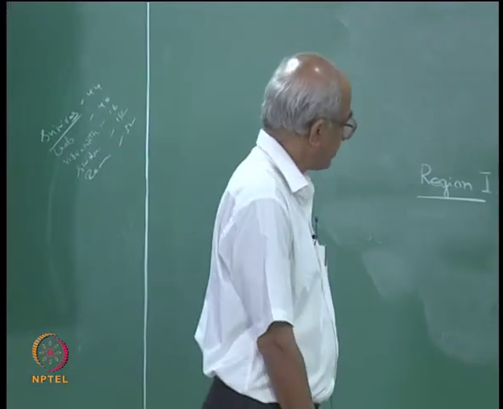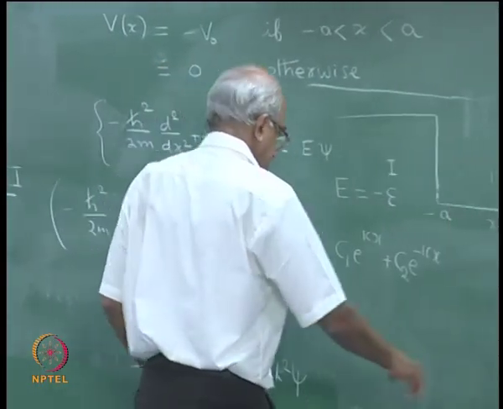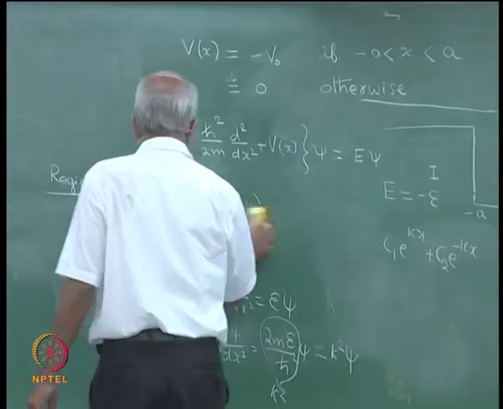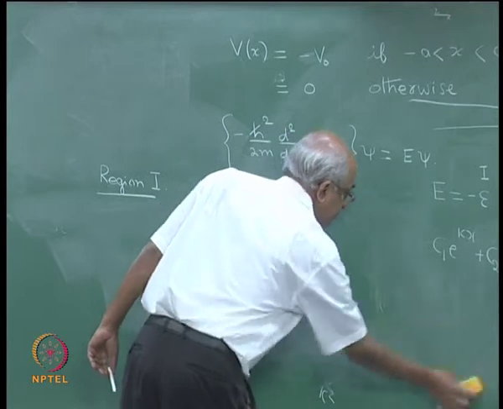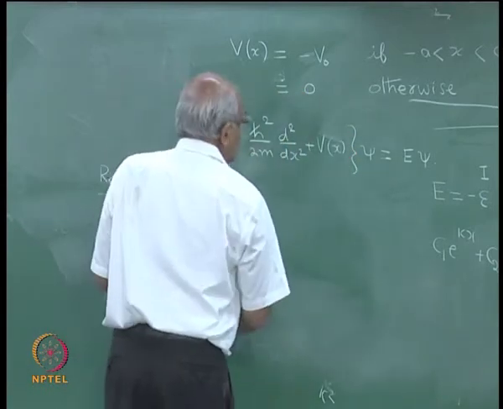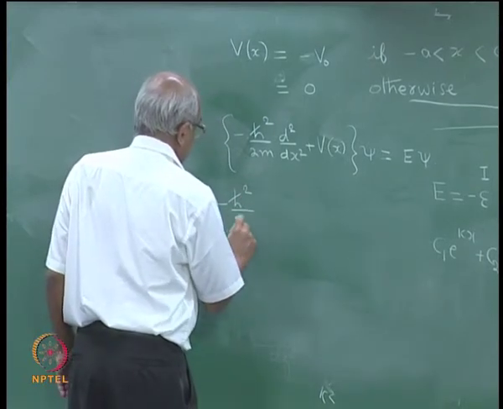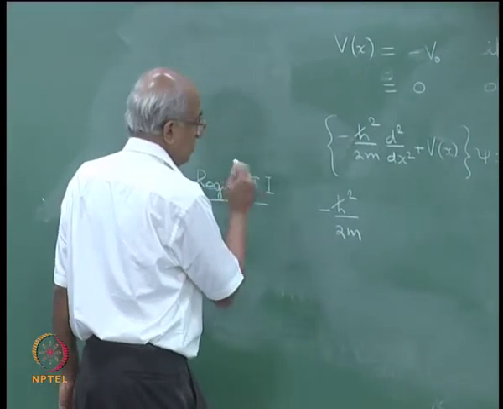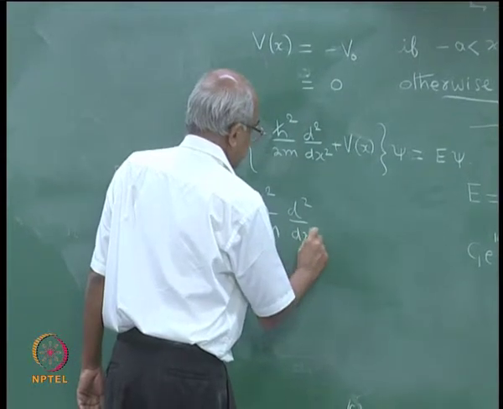So, what will happen in region 2? In region 2, this differential equation becomes minus h cross square by 2 m d square psi upon dx square.